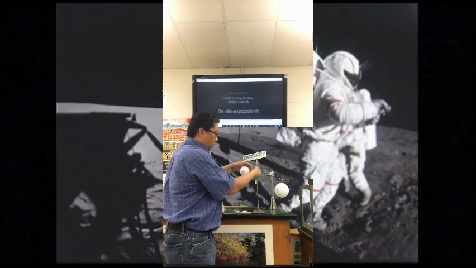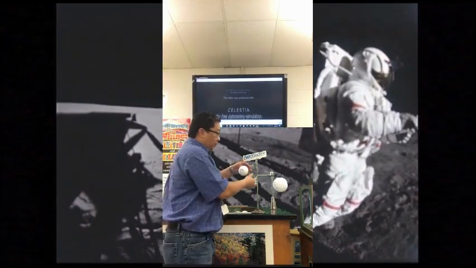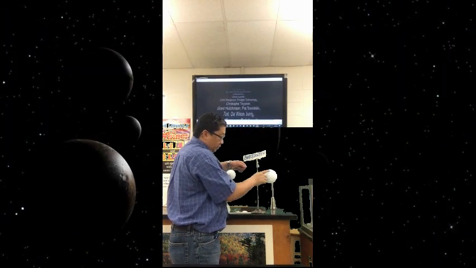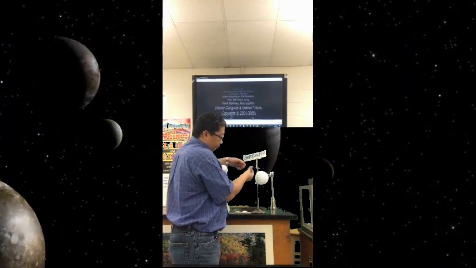Let's try it here. Okay, it's not balancing. Let's put it closer to the more massive object, this ball here representing the Earth.